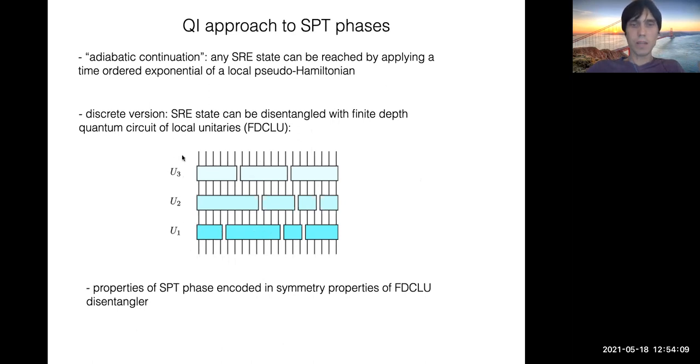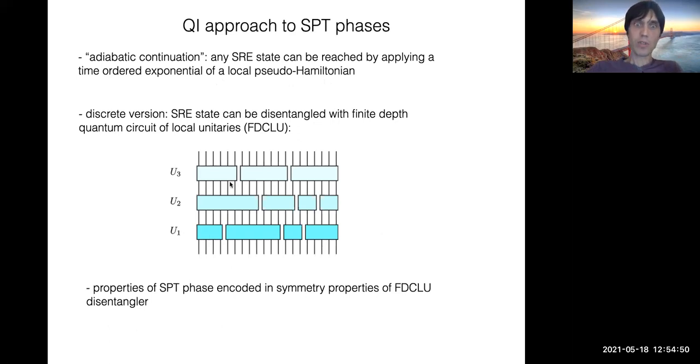The finite depth circuit consists of finitely many layers, even in the thermodynamic limit of large system size, where in each layer you apply a set of unitary quantum gates that act on some finite number of qubits. So there's some finite range of the interactions for this finite depth quantum circuit, and you apply unitary gates that act on disjoint sets of qubits. This is a discrete version of the time-ordered exponential of the local pseudo-Hamiltonian.